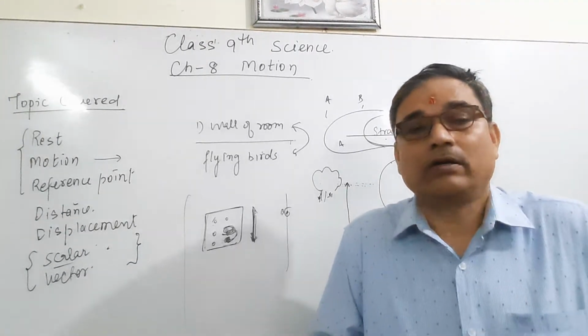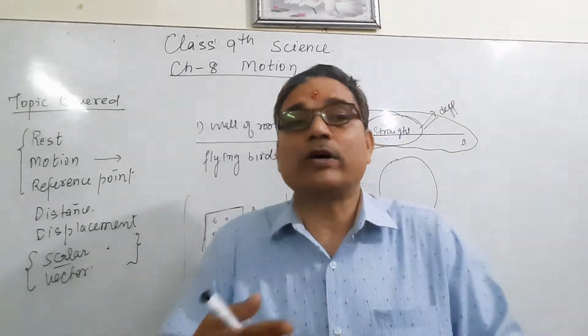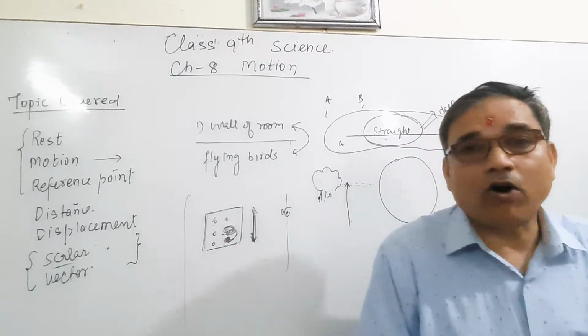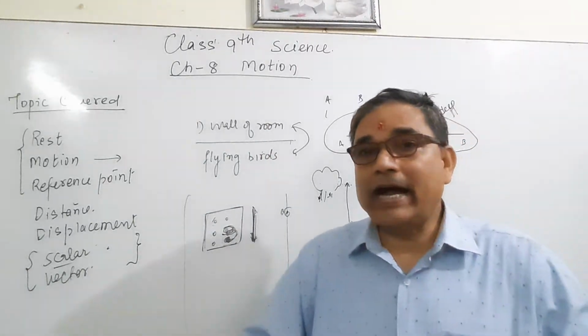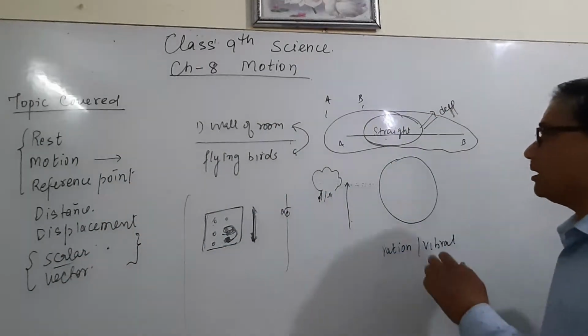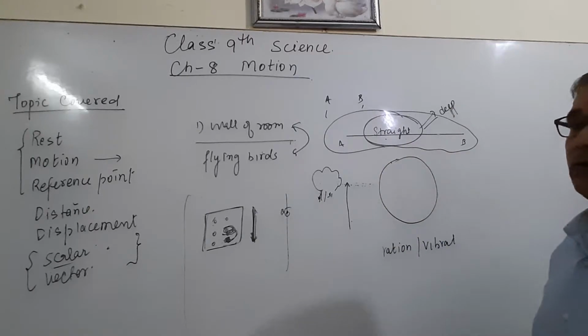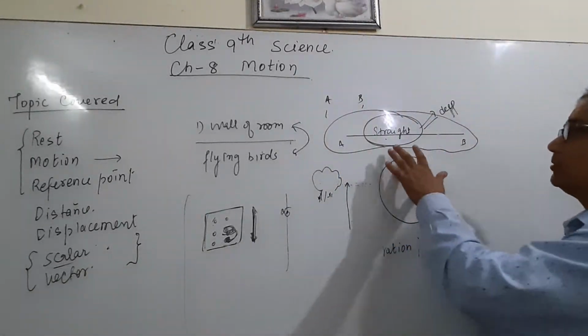The speed of water which is uncontrollable, known as flood, is harmful to us. Whereas the motion of water which is under our control is used to produce electricity. These are the beneficial and the harmful motions.